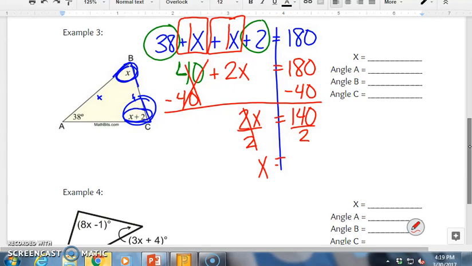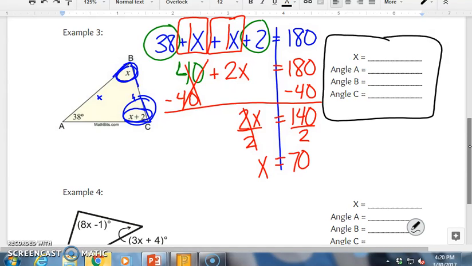So I get x equals 70. Okay? So as you can see over here, guys, on the right, I have a spot for you to contain all of your answers. So right here, I want you to write x equals 70 so you can keep your answers organized. Because we have 2 other little math problems we have to do, okay?